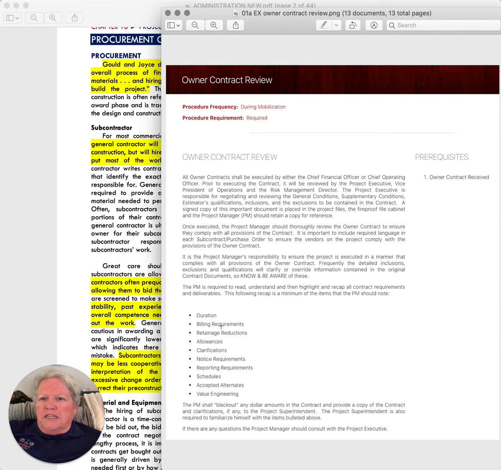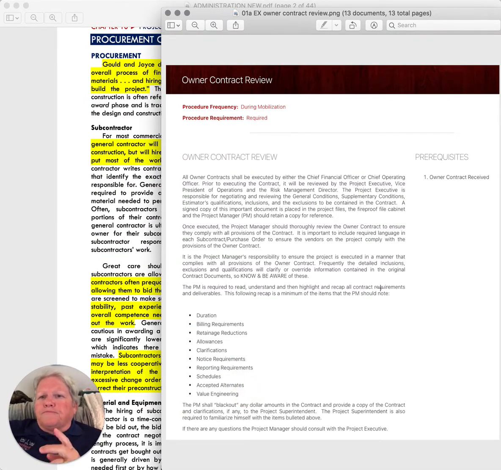And you can see what I'm showing here, that it talks about the contract will include duration, your billing requirements, retainage reductions, allowances, clarifications, notice requirements, reporting requirements, your schedule, your accepted alternates, and value engineering.